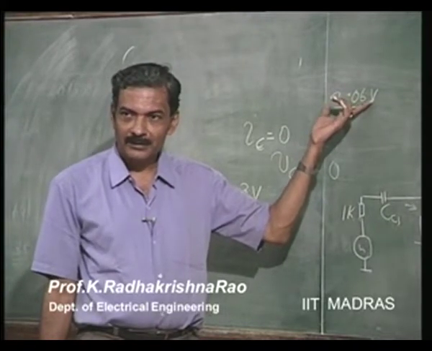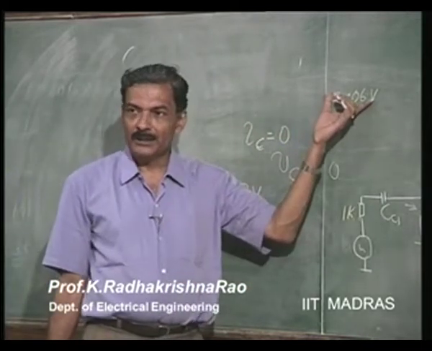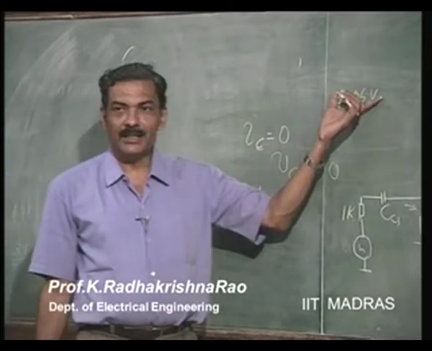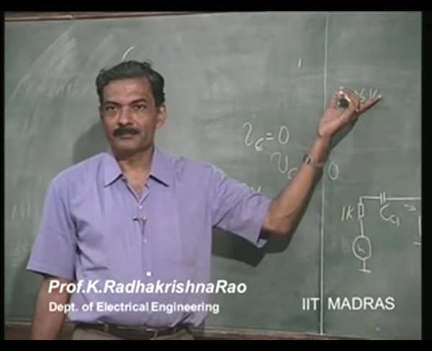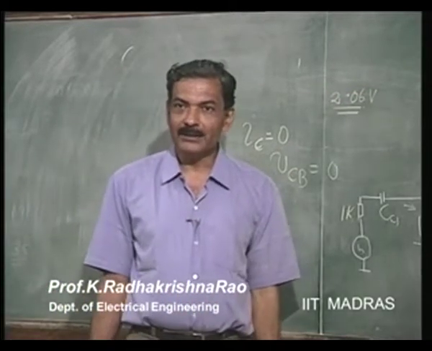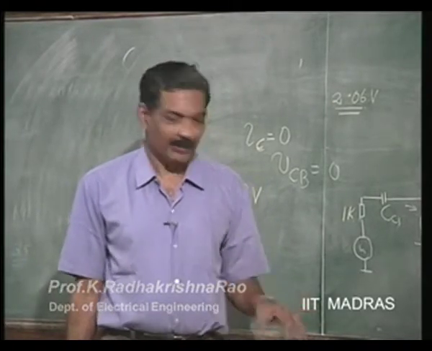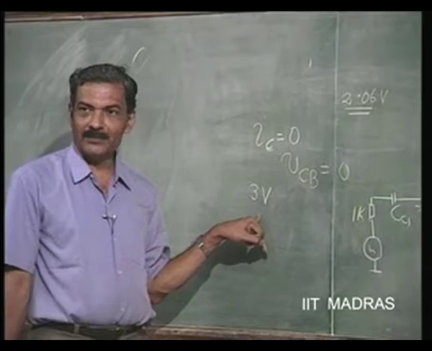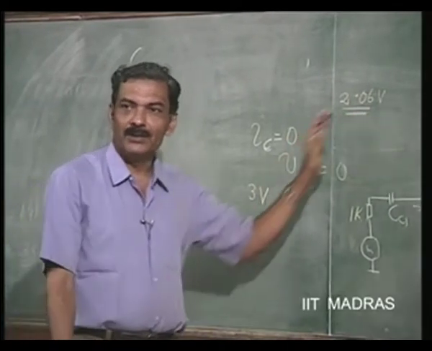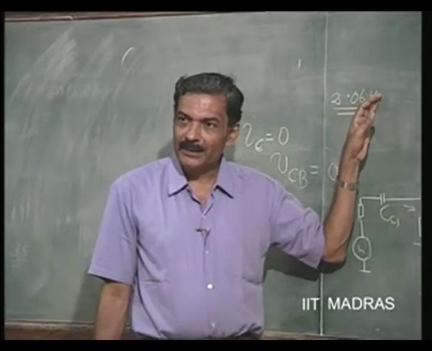Saturation. So this is important. This will not occur. It is this that is important. So this symmetric signal swing here is how much? 2.06 on either side, because here it can go as much as 3 volts. So it can easily go to 2.06. So the lower of these two will set the limit for symmetric swing at the output.